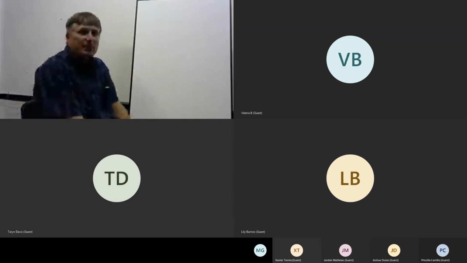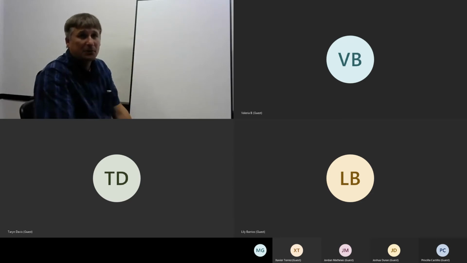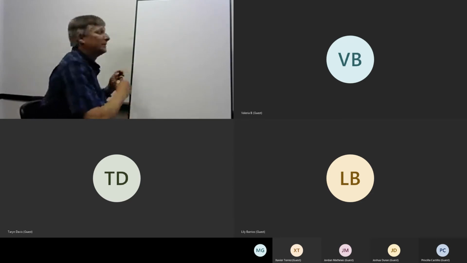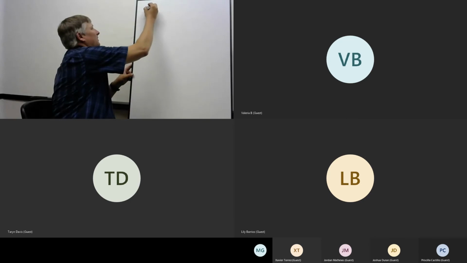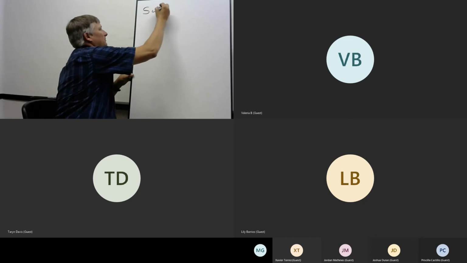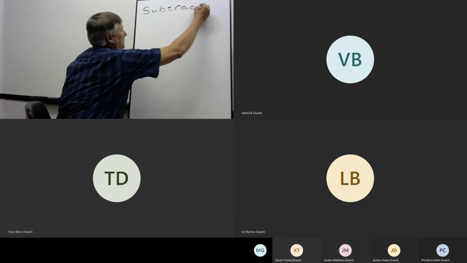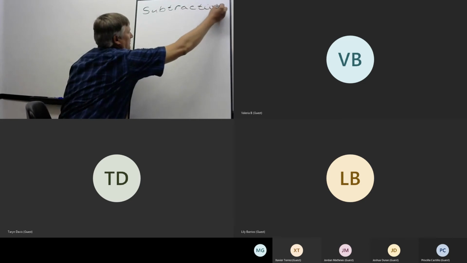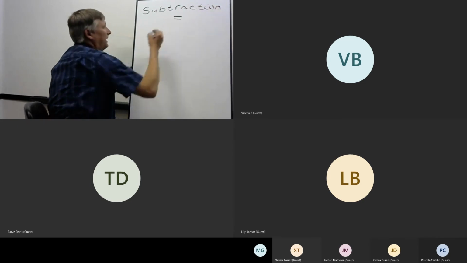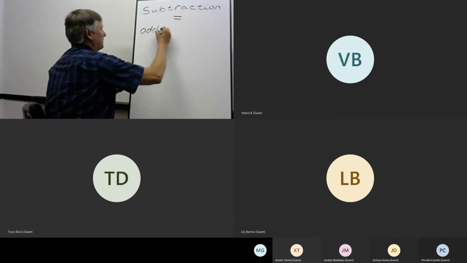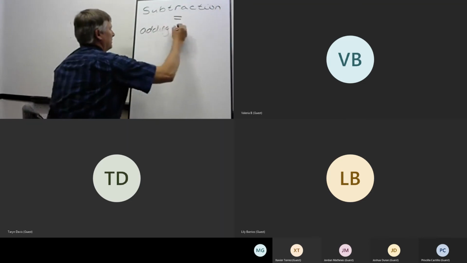Now, before we jump in, there's basically 2 formulas we're going to use, or 2 procedures. But we're going to make one observation before we get into this. Subtraction equals adding a negative.